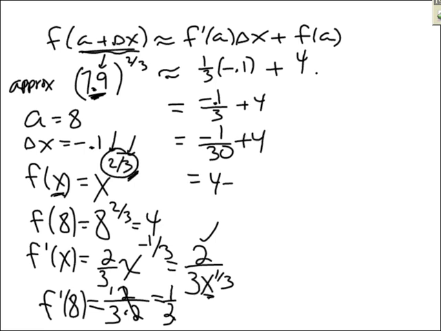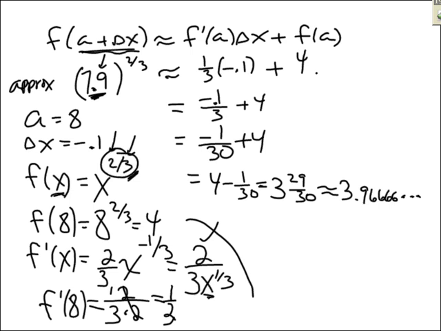So you get 4 minus 1/30th, which is 3 and 29/30ths. If you take a calculator to approximate 29/30ths, 29 divided by 30, this is 3.96666 forever. Guess what we're getting as an approximation?